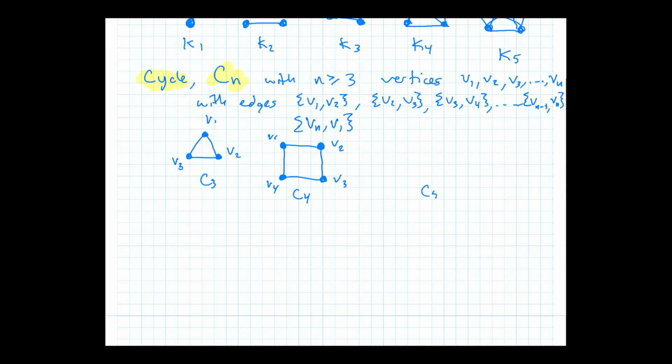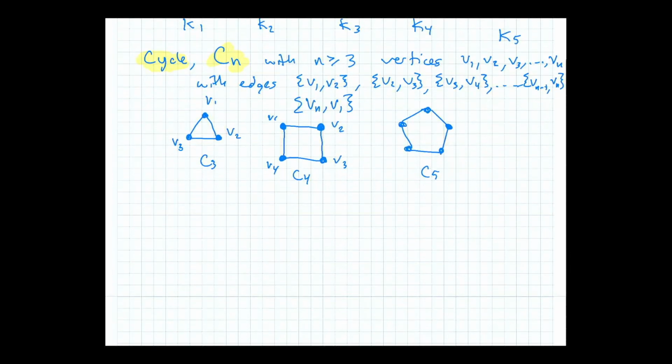C5, I'm not going to draw in the vertex names this time. Hopefully you saw the idea. It's called a cycle. It just goes around in a circle, basically. And these keep going. You can go C6, C7, C8, and so on. All right. Wheels.